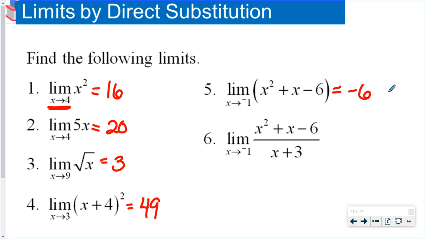And what's number 6? Yeah, -3. And it's -3, of course, because the numerator is exactly what we just did, right? So the numerator is -6, and then -1 plus 3 is 2. -6 divided by 2 is -3.